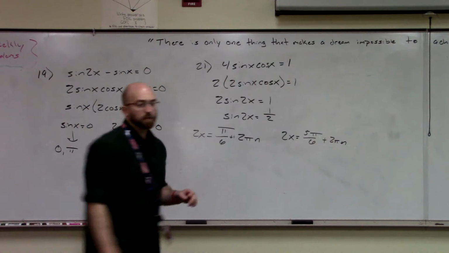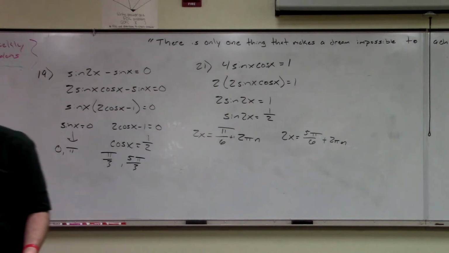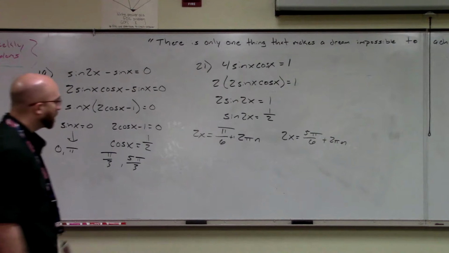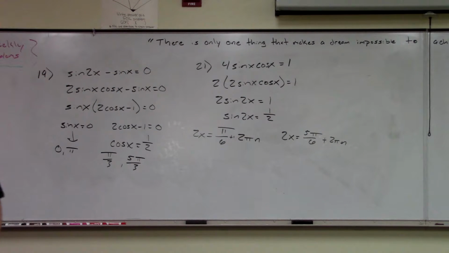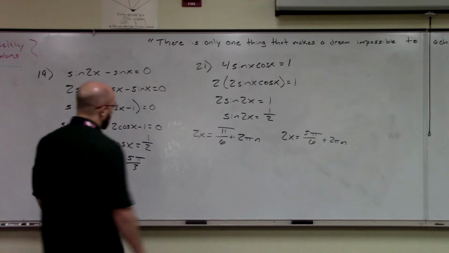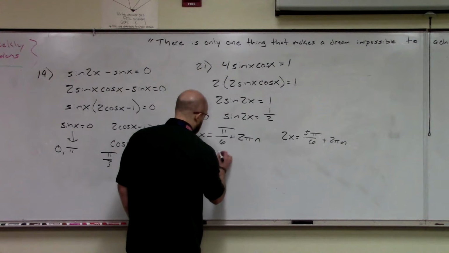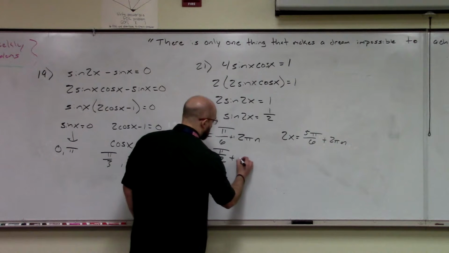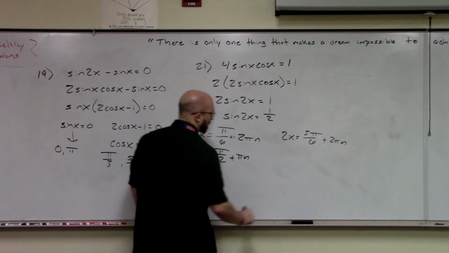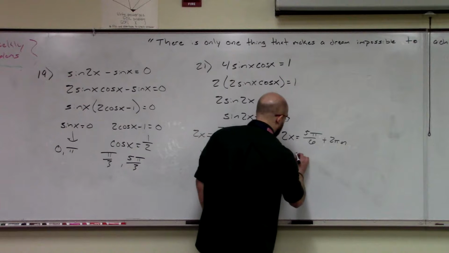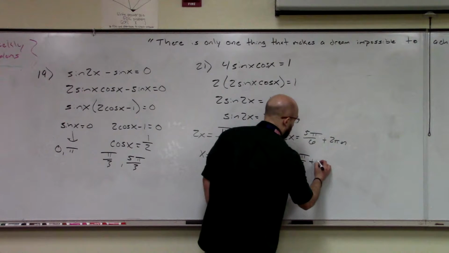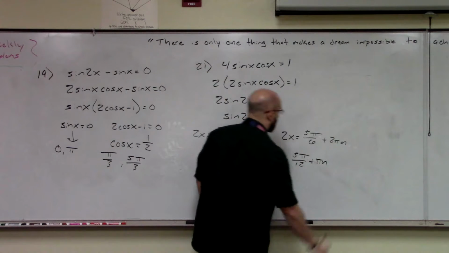So we add that to both of those. All right, solve it out, which is divide by 2. So when we divide by 2, this becomes x equals pi over 12 plus pi n, and x equals 5 pi over 12 plus pi n.